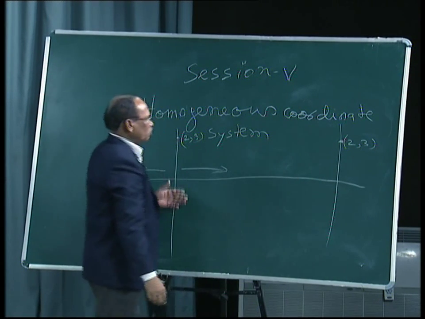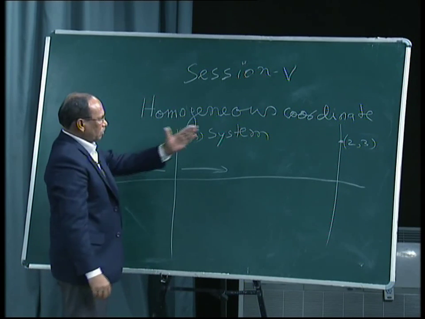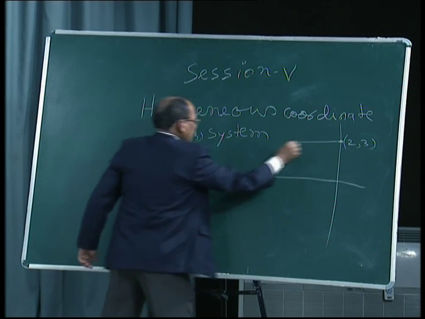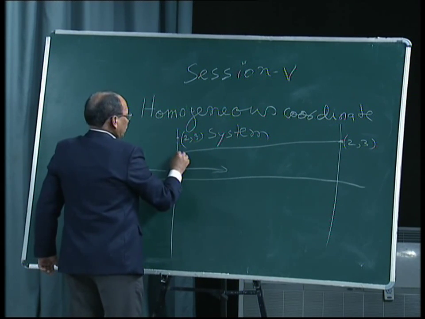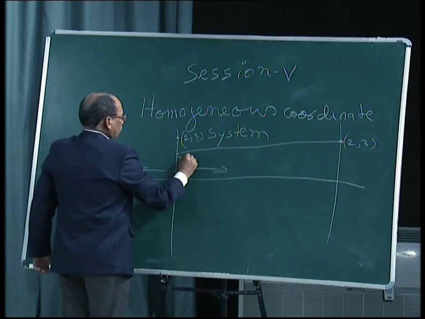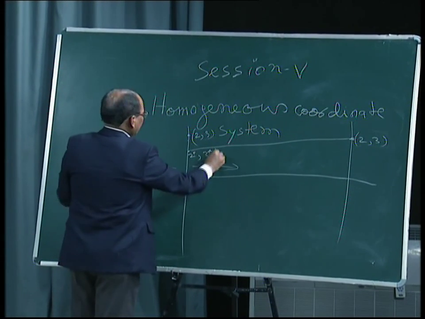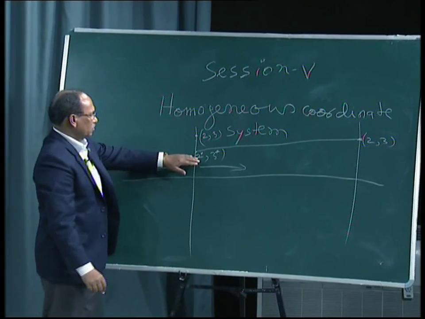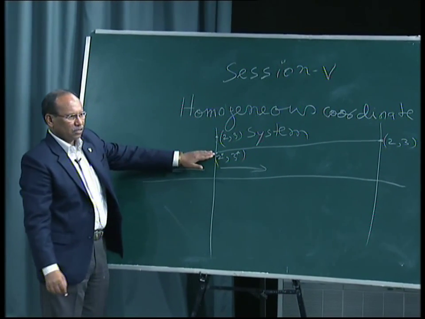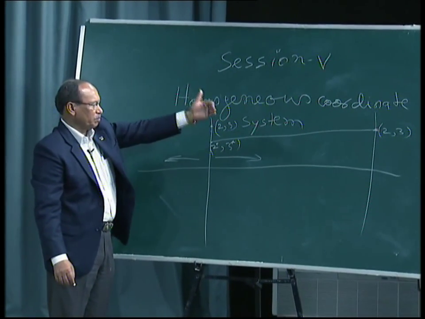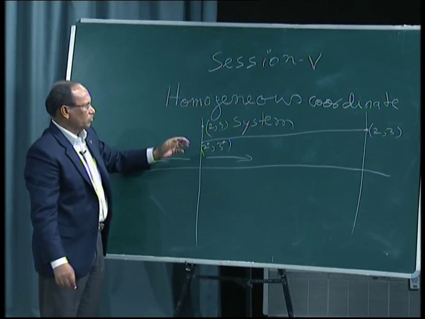In this plane it is 2 and 3, but when I see that point 2 and 3 here, it may appear somewhere smaller, as 2 star and 3 star. I am putting a star because these points do not exist here; I am seeing points which exist in a far away plane, and in my plane they will appear smaller.